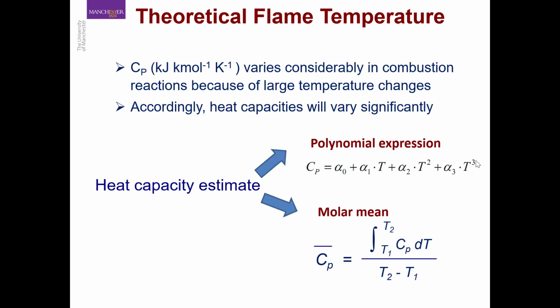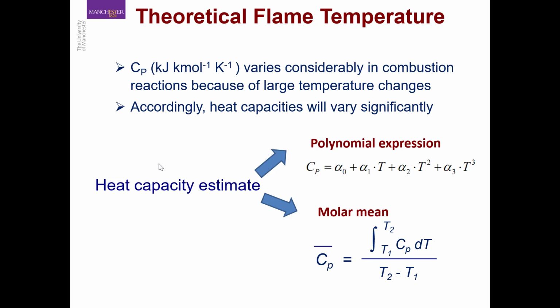So another thing to remember is that Cp here is a function of temperature. You should know this from thermodynamics, that Cp changes with temperature. And because we have such a huge change in temperature going from, let's say, 25 degrees centigrade up to 2000 degrees centigrade, we need to account for the change in Cp with temperature.